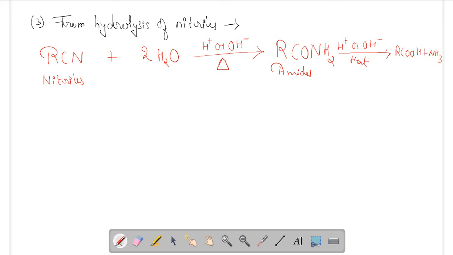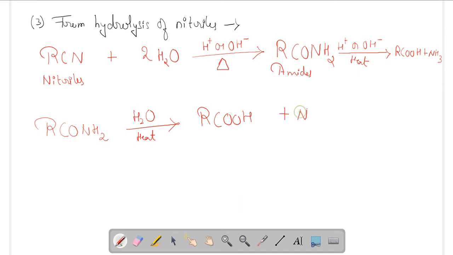Okay, with the removal of ammonia gas here. So here we can directly convert the amides also, that is RCONH2, on direct hydrolysis and on heating it will produce carboxylic acid plus ammonia. Okay, carboxylic acid and ammonia.